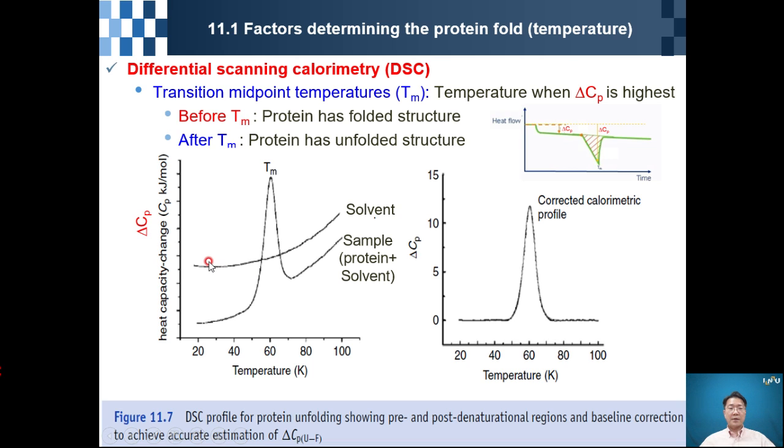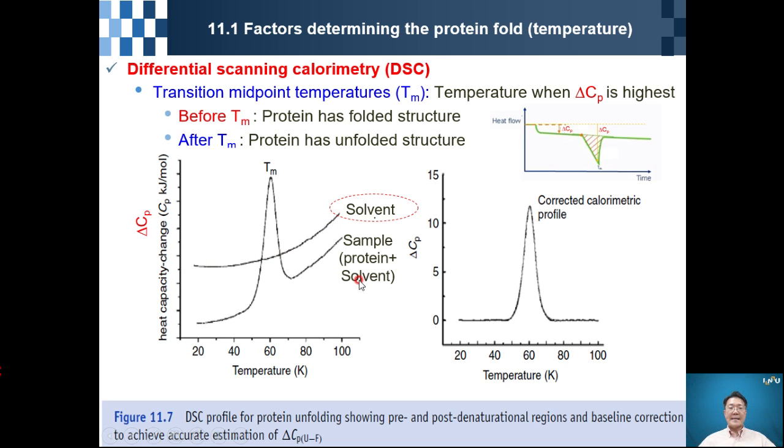In this graph we have two curves. One is the delta Cp change in the solvent, and one is the delta Cp change in the sample. For the solvent, as the temperature increases, the solvent absorbs energy, so delta Cp increases very slowly like this.